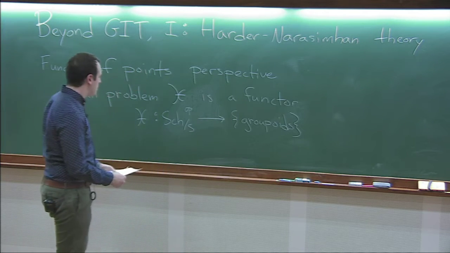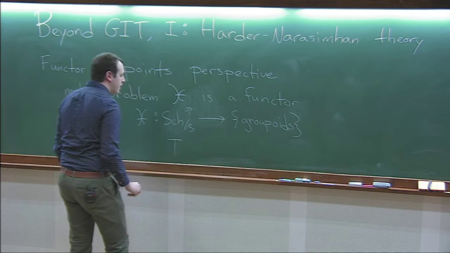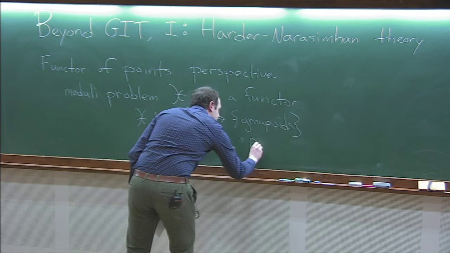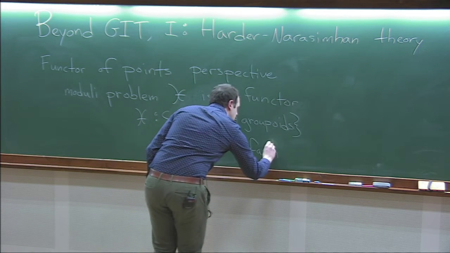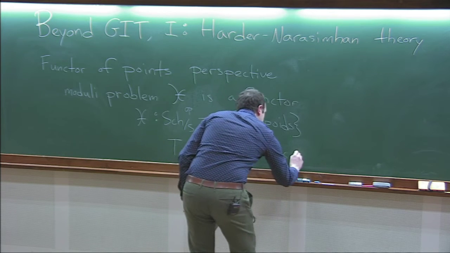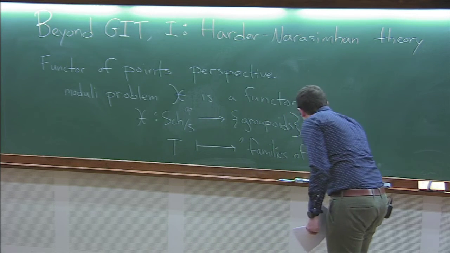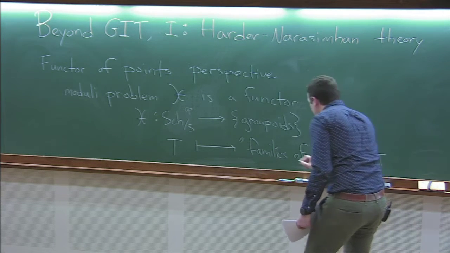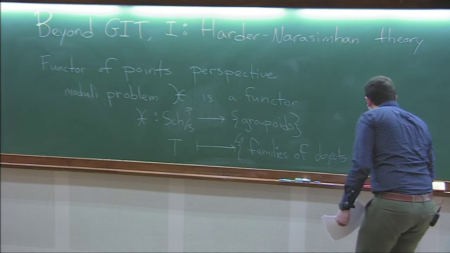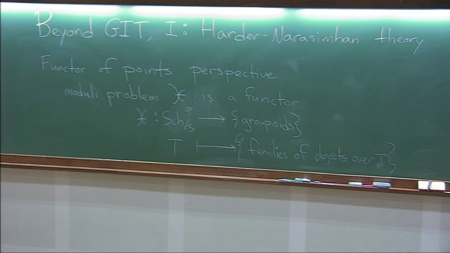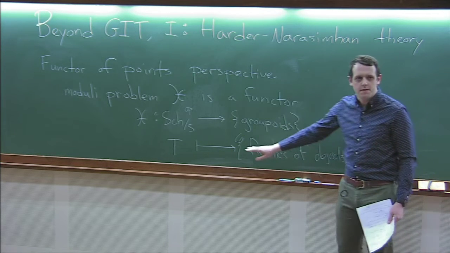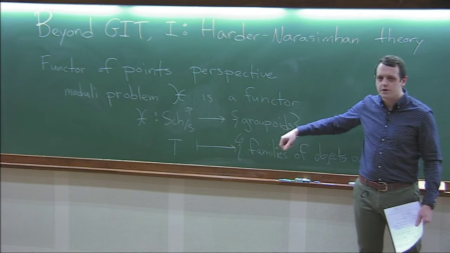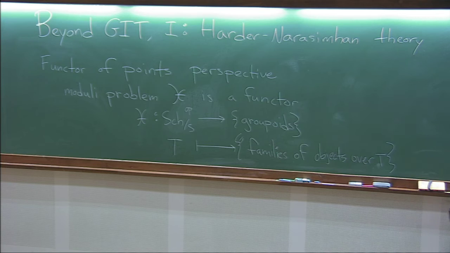So basically, this moduli functor maps a scheme T to the groupoid of families of objects over T. So in other words, when you're specifying a moduli problem, you just have to specify what it means to have a family of the objects you're trying to parameterize over any scheme T, and the functoriality just means you can pull back families along maps of schemes.